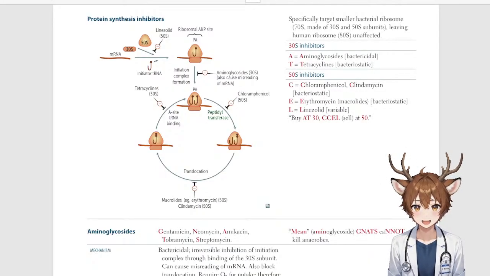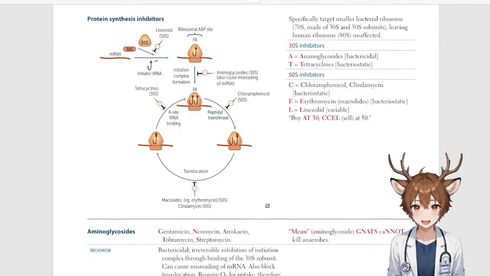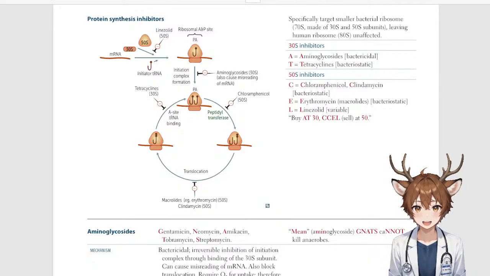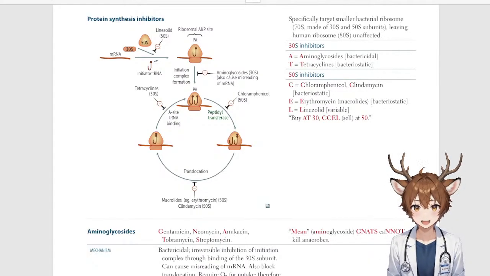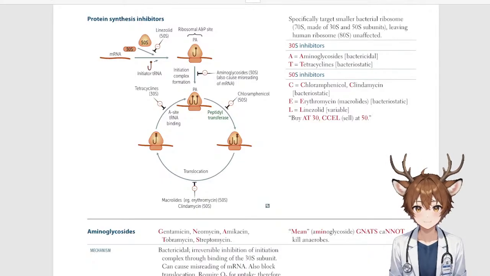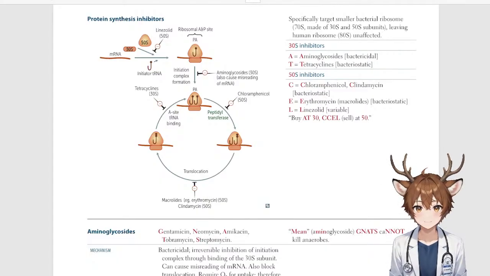For 50S, it says chloramphenicol, clindamycin, erythromycin, macrolides, and linezolid. So the ones that are 50S are chloramphenicol, clindamycin, erythromycin, linezolid. But the ones that are 30S are aminoglycosides and tetracyclines. That's why they say ATCCEL, that kind of thing.